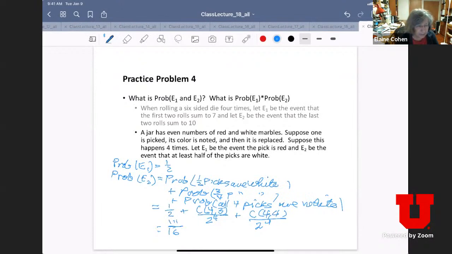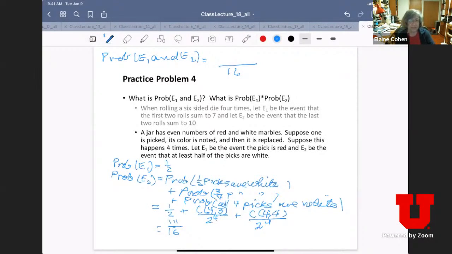Now let's figure out the hard way. What's the probability of E1 and E2? We know we're always going to divide by 16 because we're picking 4 times and it's 2 to the 4th.